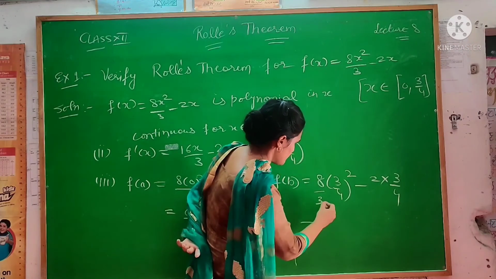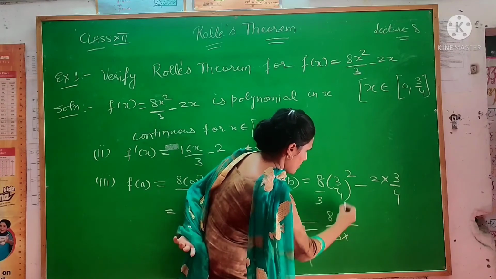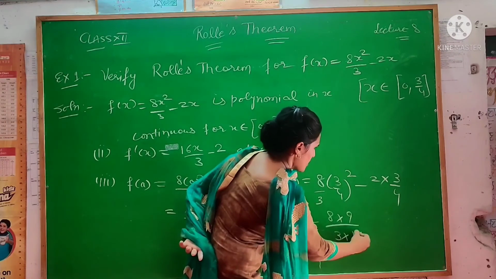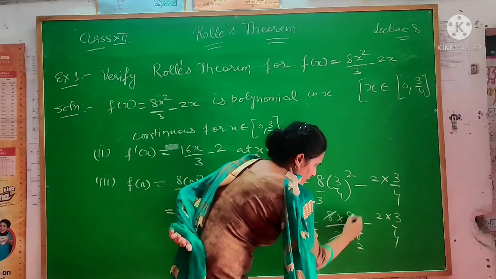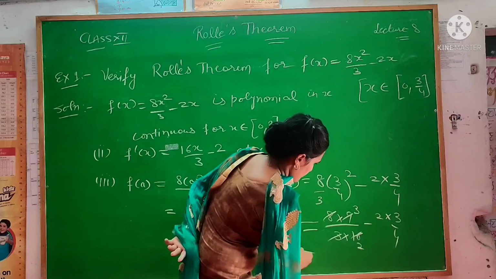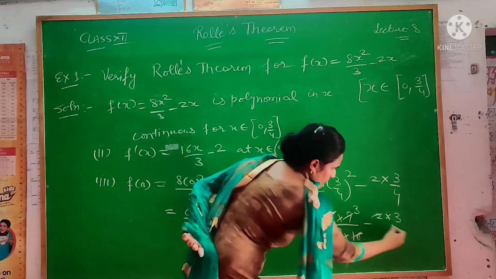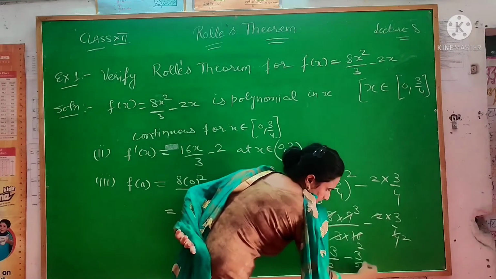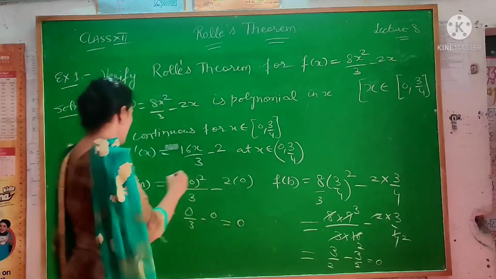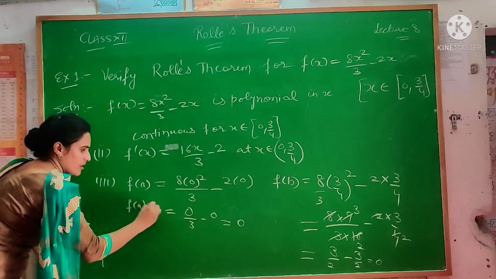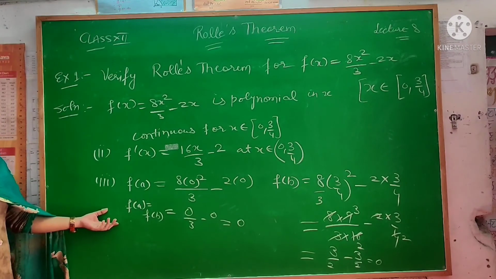Now solve this. 8 times 9/16, by 3, it becomes 3/2, minus 3/2, which is equal to 0, that is f(a) and f(b) are equal. Now all three conditions of Rolle's theorem hold.